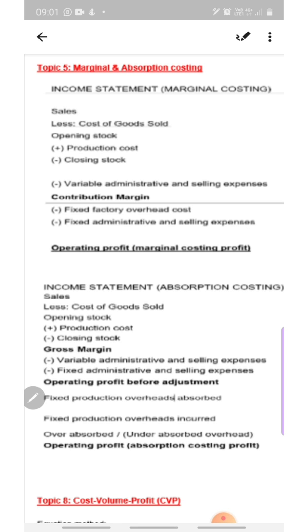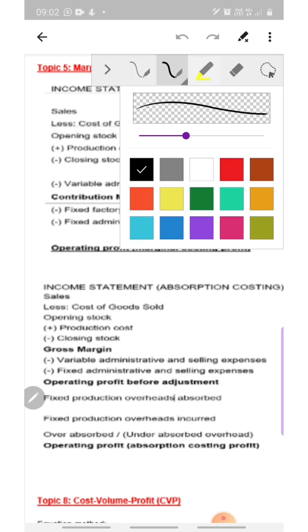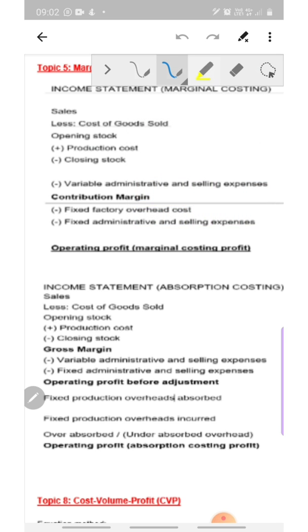Before that, I'll give you a rough idea of where the information can be obtained. Sales: how to calculate sales? It's units sold times selling price. Cost of goods sold is a header for the calculation of opening stock plus production cost minus closing stock.